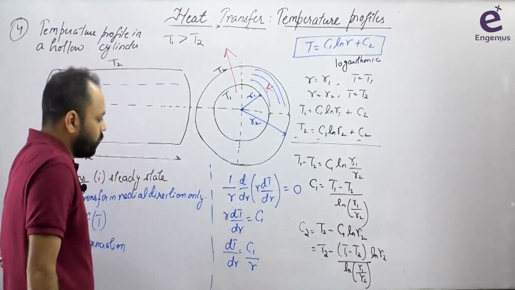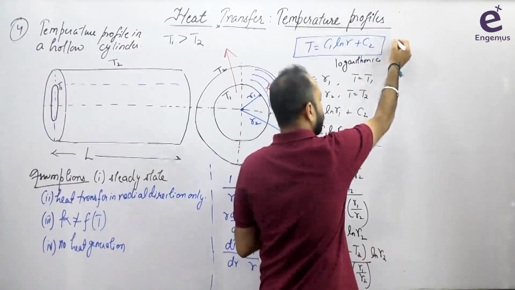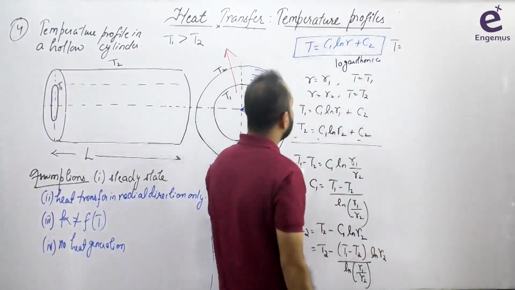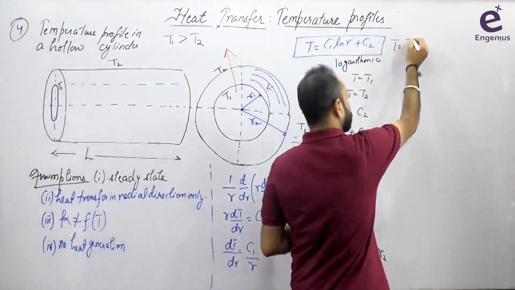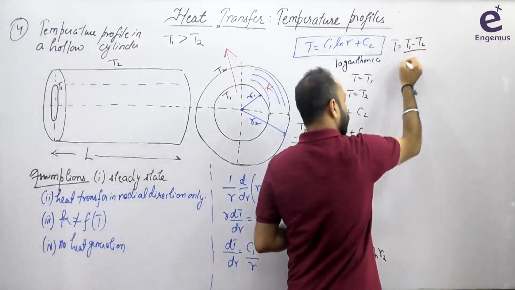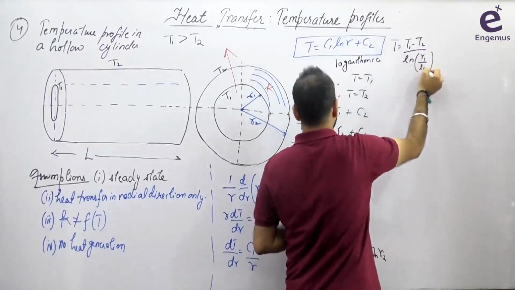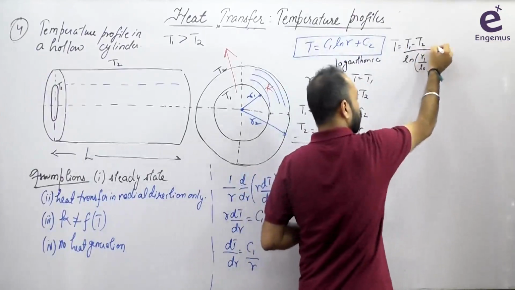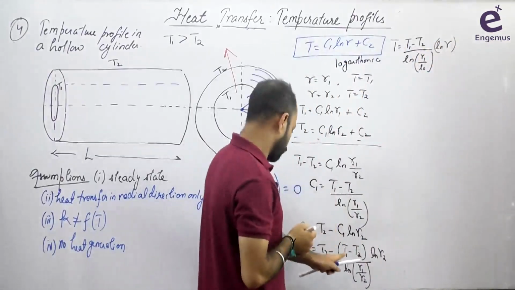So we can try to write this equation. Let's see. So T is equal to, the temperature profile says C1 log of R, and C1 is this, T1 minus T2 by log of R1 by R2, that is C1 log of R, ठीक है, plus C2.